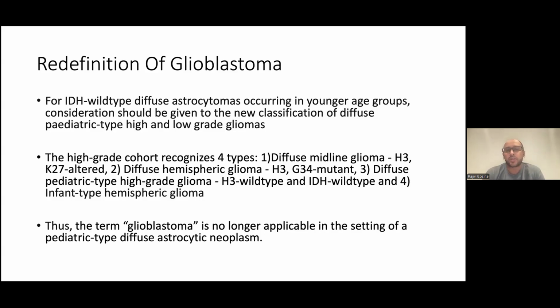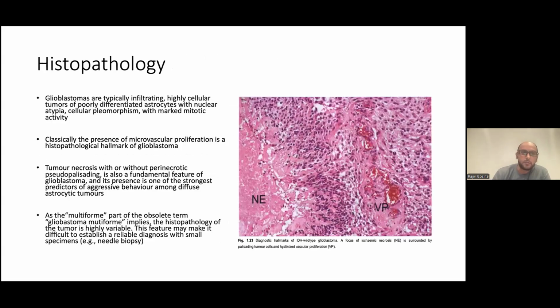So the term glioblastoma strictly is not applicable in the setting of a pediatric-type diffuse astrocytic neoplasm, but there are some instances when this can occur, such as in the epithelioid glioblastoma.